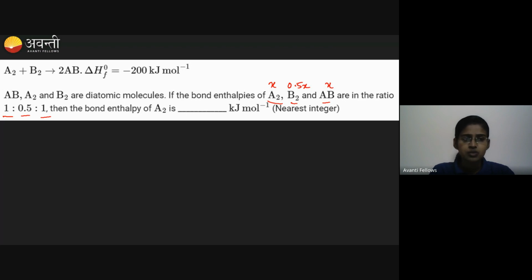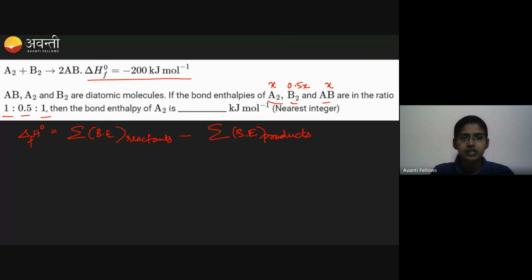From this, what is delta Hf naught? What is the formula to find delta Hf naught from the bond energy? It is the summation of bond energies of the reactants minus the summation of bond energies of the products.